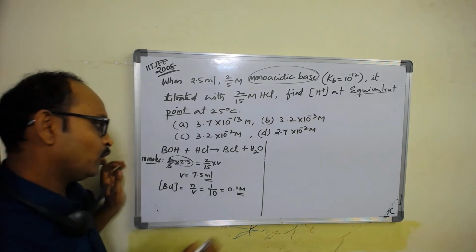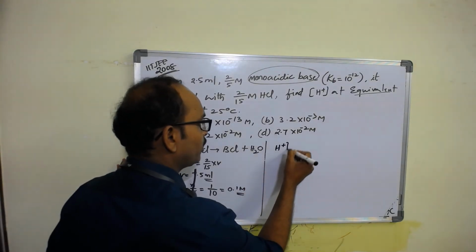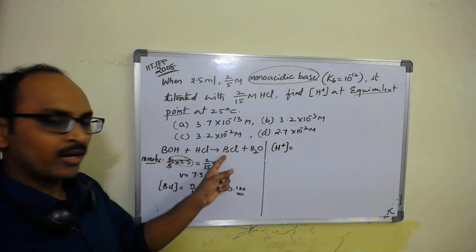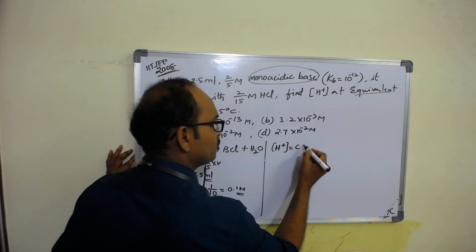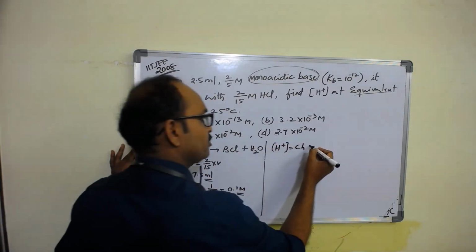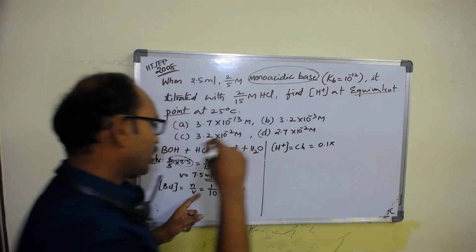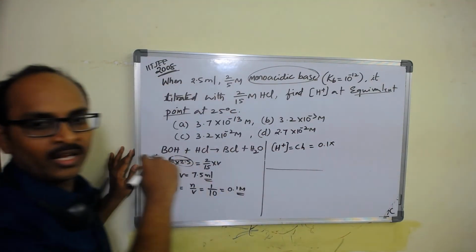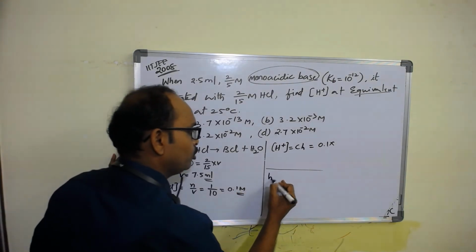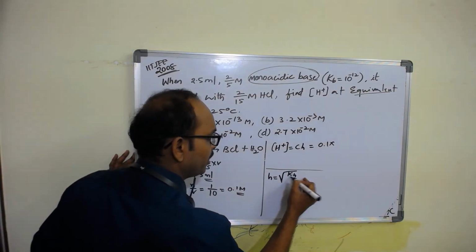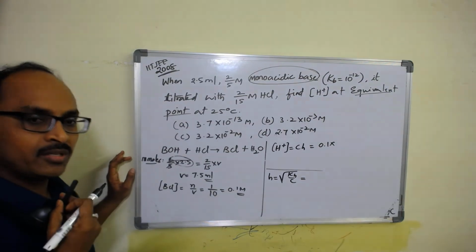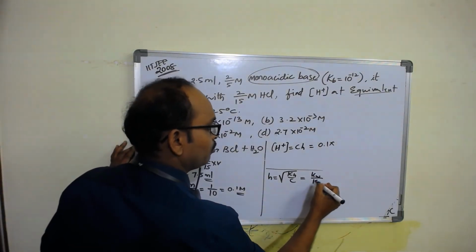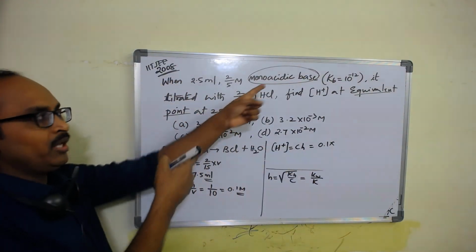Okay, 0.1 molar. How will we get H plus for this salt? What kind of salt is this? It is a salt of a strong acid and a weak base. So we'll get it by Ch, where C is 0.1. And what is this h value? To calculate that h value, we take h equal to square root of Kh by C. What is this Kh value? Kh equals Kw by Kb, because the base is weak.